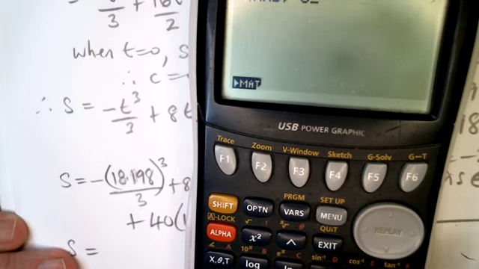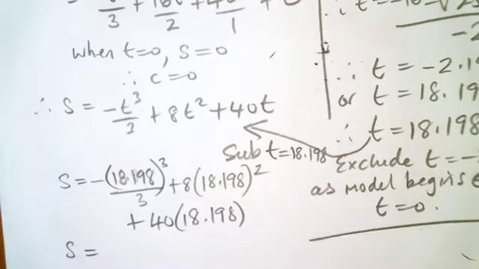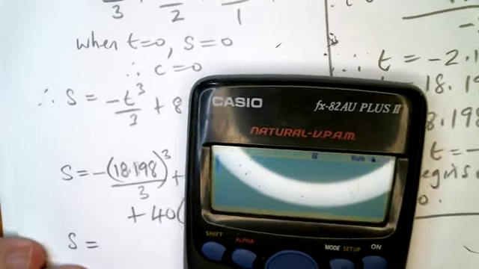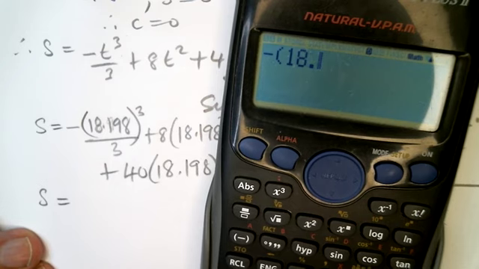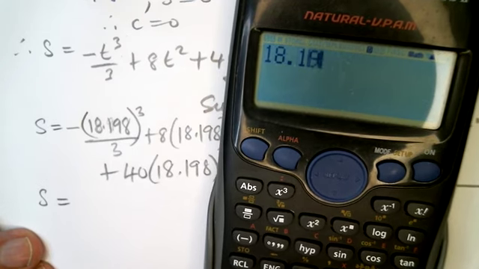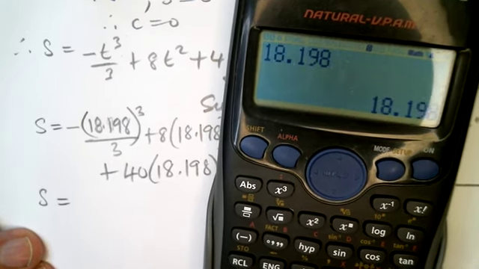In fact, I'm going to use the other calculator. I really don't like that calculator for doing a lot of stuff now. I've got used to this one. So it's going to be negative 18.198. Go. All right, there it is.